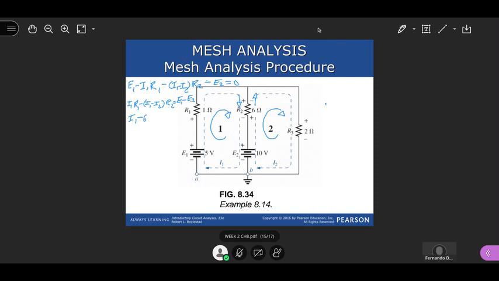Minus 6 I1. Now minus times minus is plus, right? It's going to be plus 6 I2 minus, I'm sorry, equal to E1, which is 5, minus 10, which is minus 5.